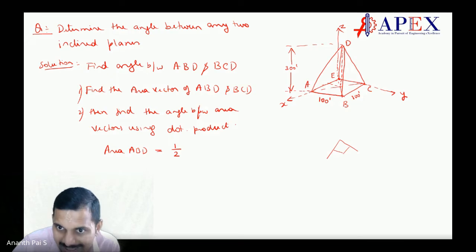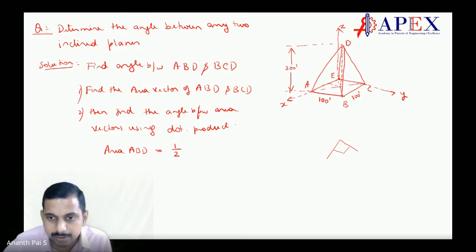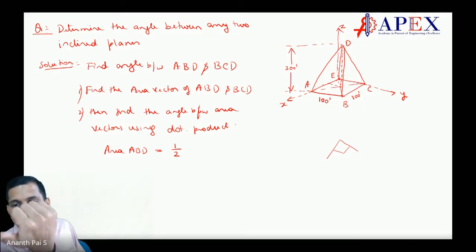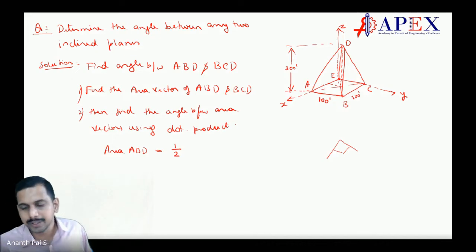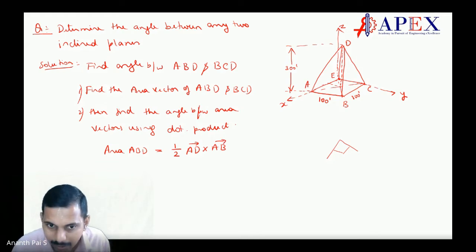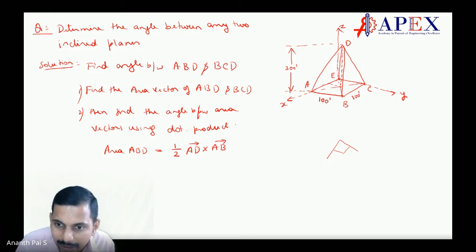So the area vector has to go inside the pyramid. Then what should we do? We should do AD crossed with AB. So area ABD is equal to AD crossed with AB.